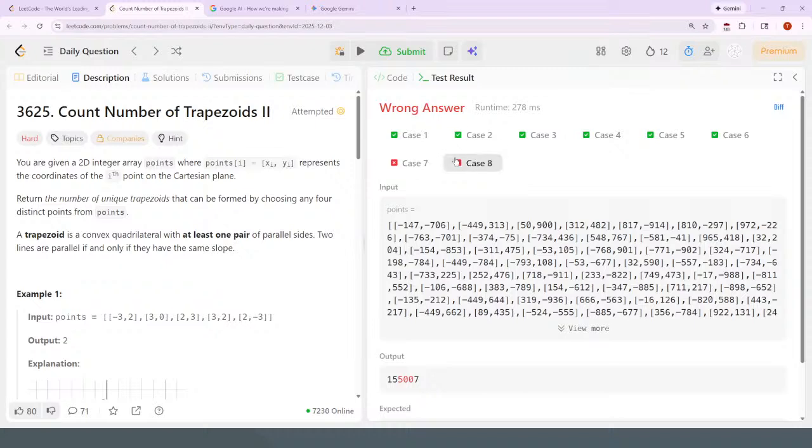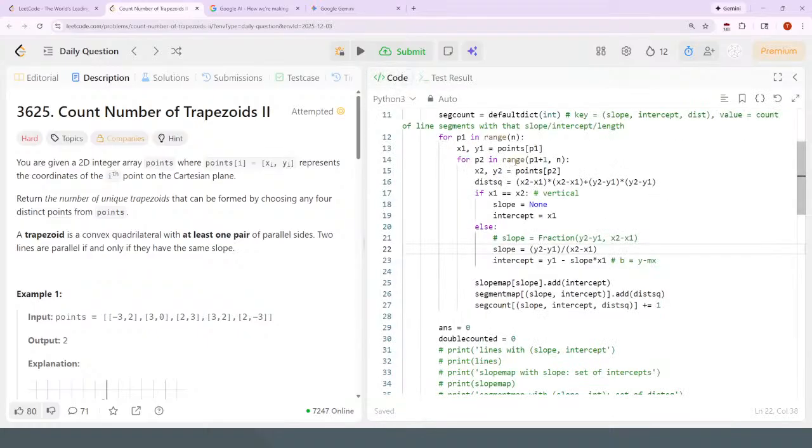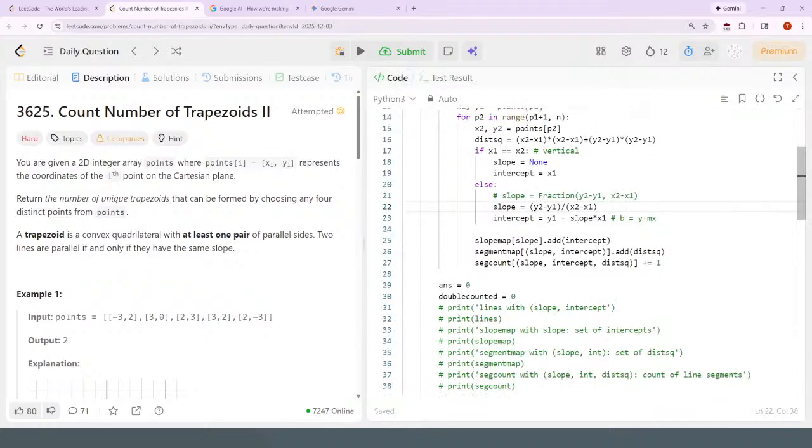Slow it down by a factor of like 5. 300 milliseconds, so 800 something. 300 milliseconds, so 1.8. Okay, so maybe I just need to find a different way of handling these fractions.